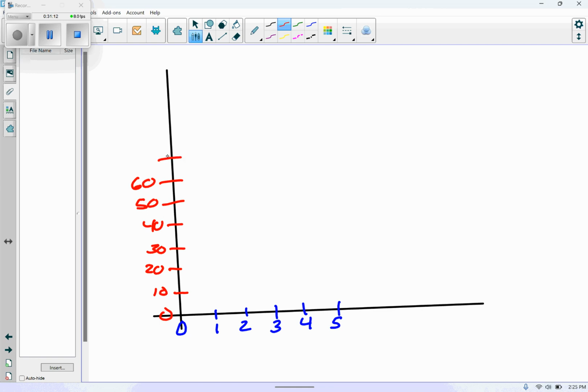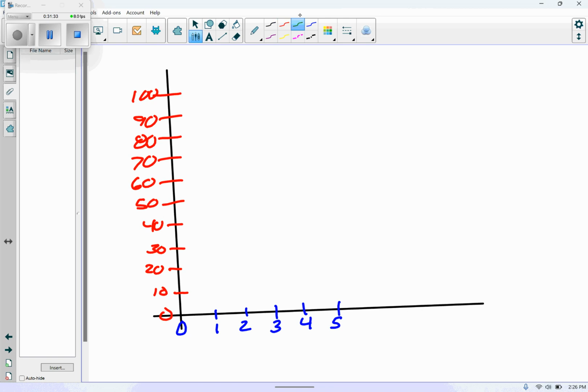Okay, so how did I count in the y direction? In the red? By tens? Okay. All right, so let's try and graph this.